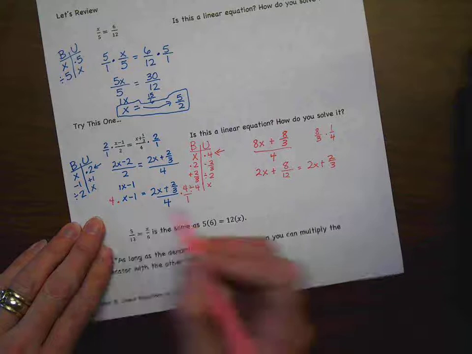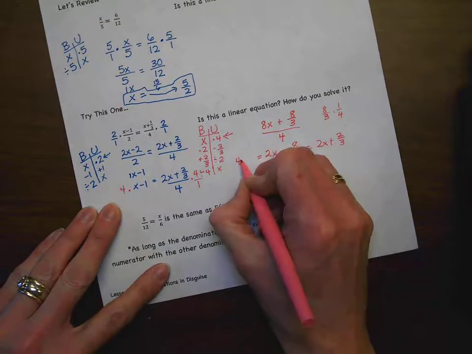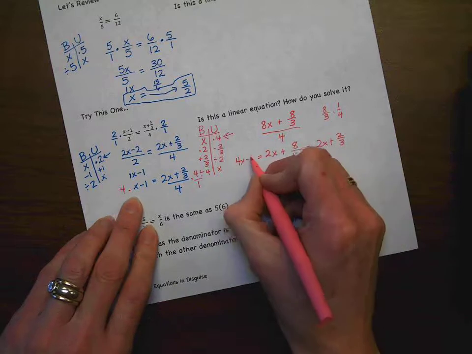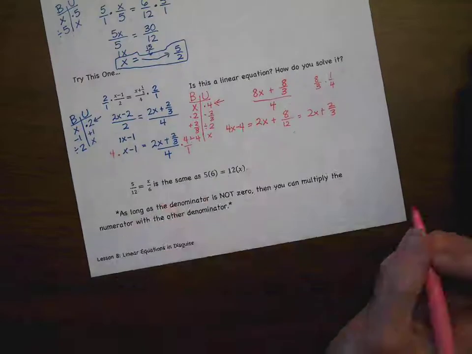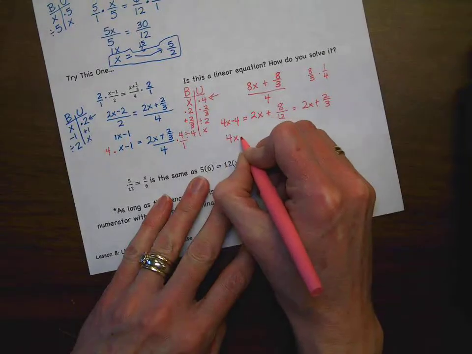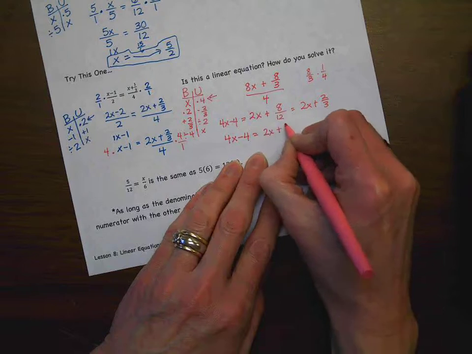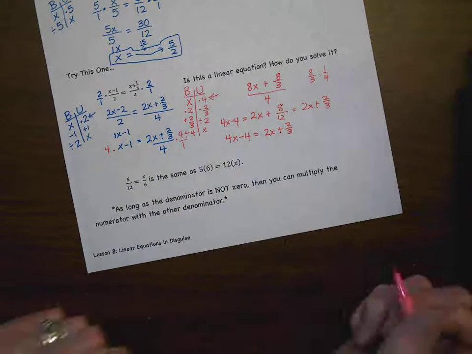And then what you do to one side, you have to do to the other. So then over here, I get 4 times x equals 4x, and 4 times a negative 1 gives me a negative 4. So now what I'm doing to finish it is I have 4x minus 4 equals 2x plus 2/3.